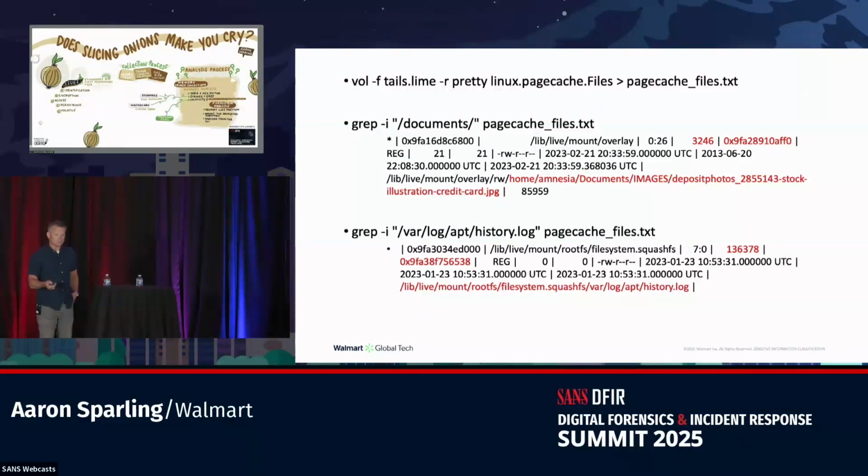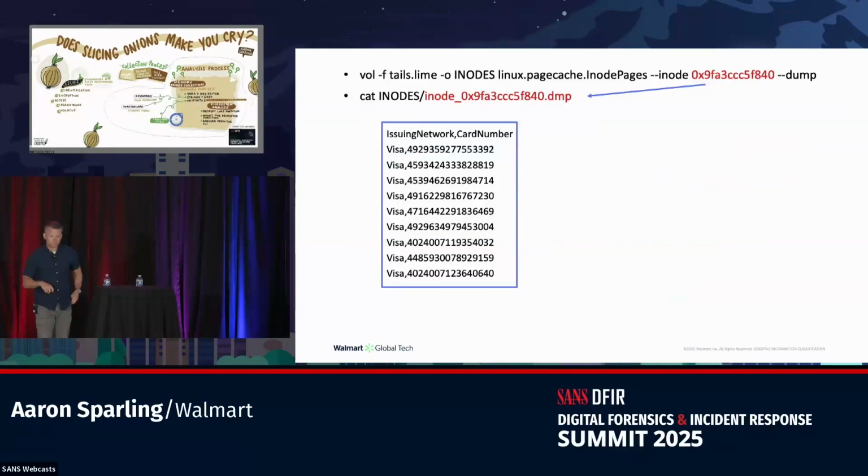I'm just showing a couple of examples here, like looking for their documents folder and seeing what might live in it. But you can also look for specific artifacts relevant to the Linux operating system. In the bottom example, I want to look at the history log for apt to see if they installed any packages. You can potentially export out that log and then do log analysis. Kind of cool.